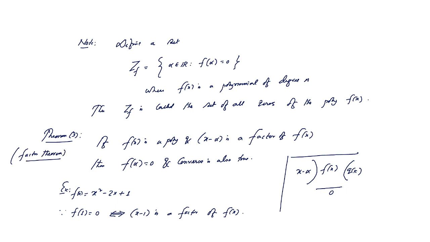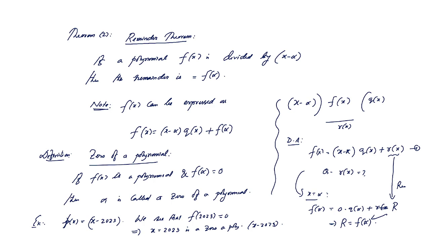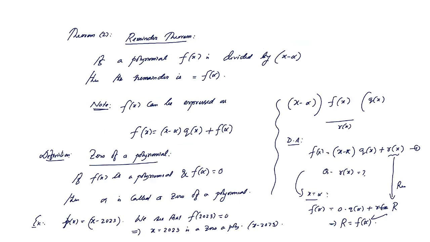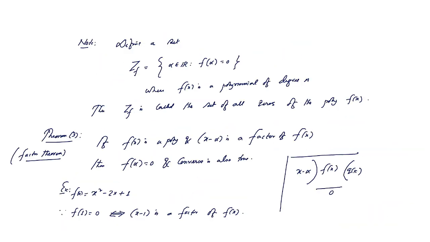So we have done 3 important theorems here without proof. The first one is the division algorithm for polynomials, then the remainder theorem, and the zeros and factors theorem. Now we will do some important problems: how to find the remainder of a polynomial when it is divided by a linear polynomial.